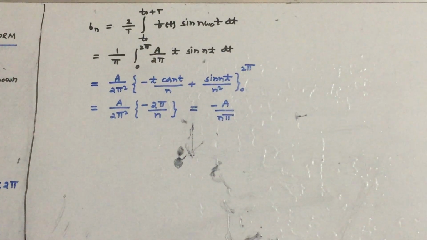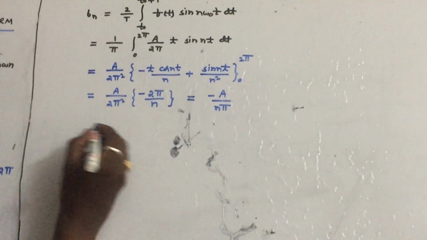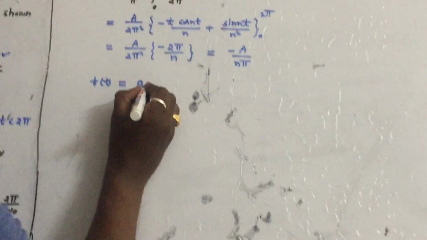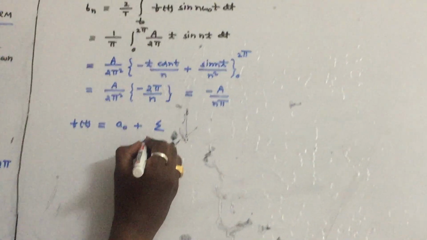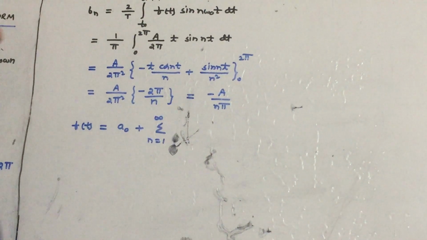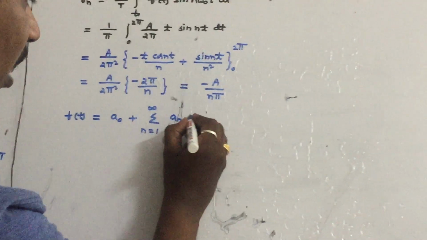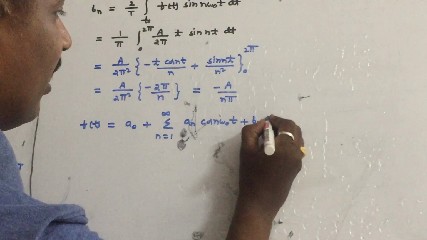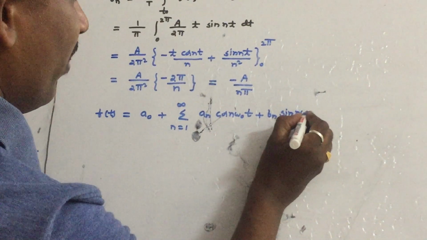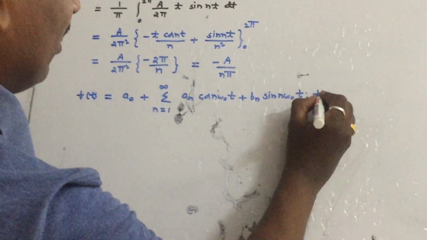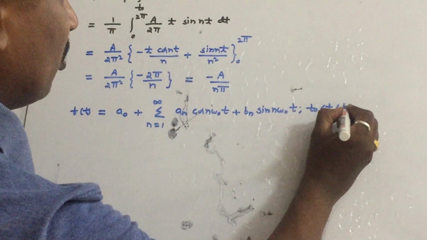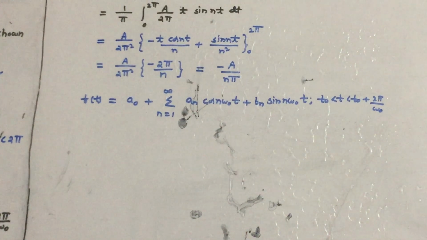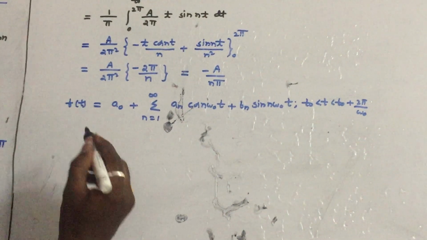Now let us substitute this. So what is our trigonometric Fourier series expansion? f of t is equal to a0 plus summation n is equal to 1 to infinity an cos n omega 0 t plus bn sin n omega 0 t, in the interval t0 to t0 plus 2 pi by omega naught. The cosine Fourier series representation we have calculated in the previous class.